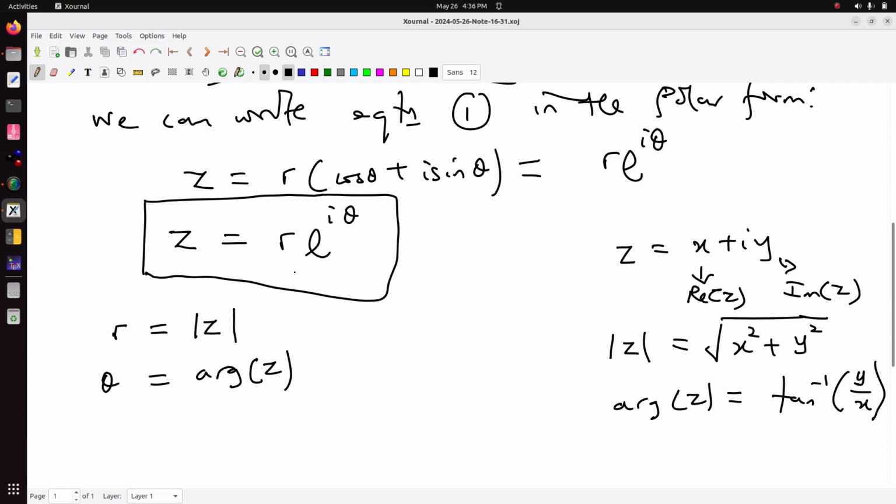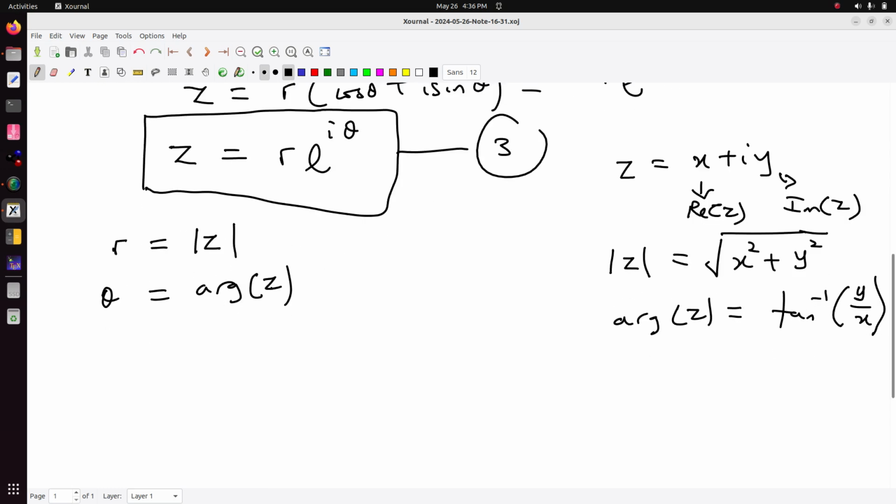Let me label this as equation 3. This equation 3 is quite useful in many applications, and I'm going to give some examples of these applications.